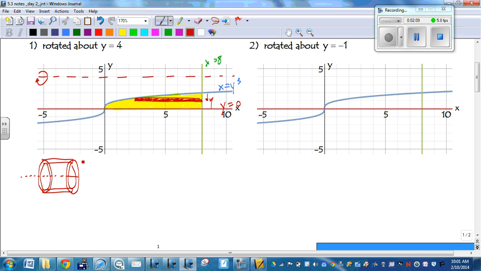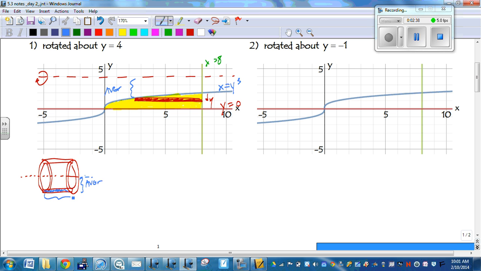We create this shell by rotating that rectangle all the way around that axis. The rectangle that we're actually dealing with is this one down here. So the average radius goes from the axis of revolution down to that rectangle. It's going to go from here down to here. That's our average radius.